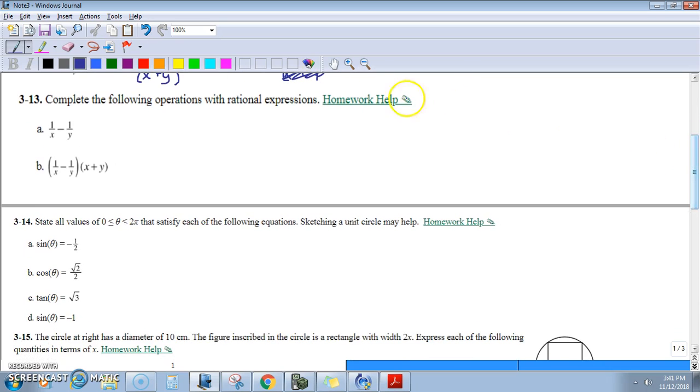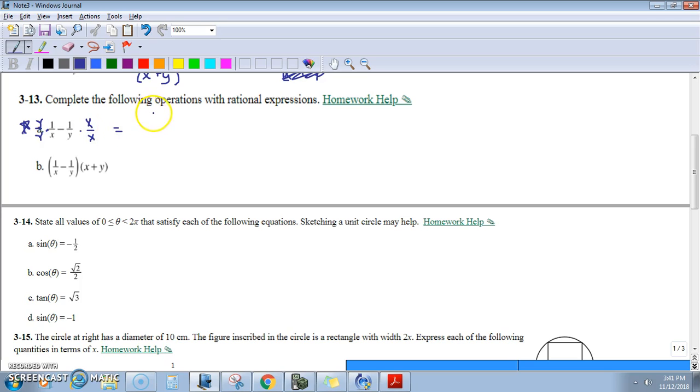All right, 313, complete the following operations with rational expressions. All right, so when we are just adding or subtracting, we need to find a common denominator. So the easiest thing to do is just multiply those denominators. So we'll have xy. If we want them both to have a common denominator of xy, then we need to multiply this first one by y over y, and the second one by x over x, right?